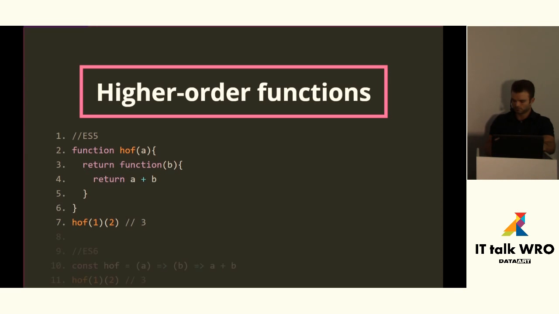In my situation, I defined a hope function which accepts a variable. When I call hope with 1, the inner function will be returned, and when I provide the second argument 2, the inner function will be called, and inside the inner function you have access to the variable 2.